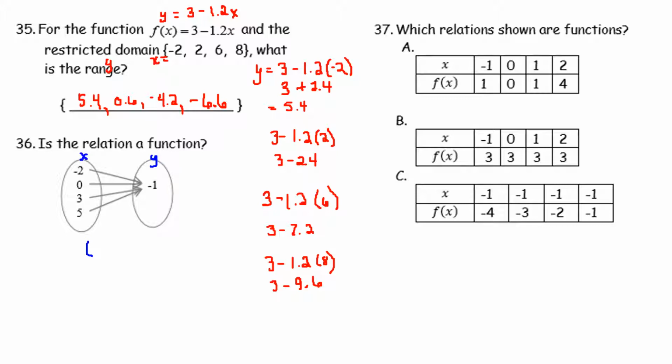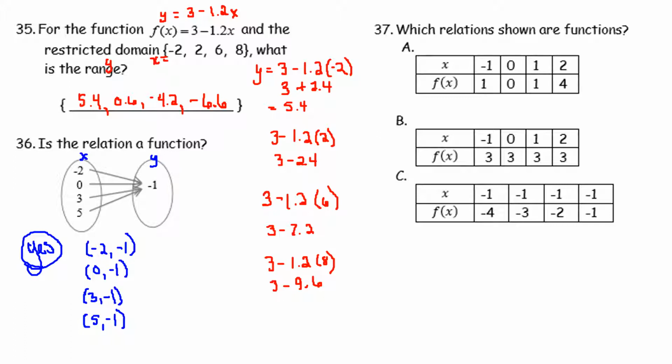So that means our ordered pairs here are -2, -1, 0, -1, 3, -1, and 5, -1. So did the x values repeat here? No, they didn't. So because they did not repeat, this is a function. Yes, the relation is a function. Now, it doesn't matter. The y's can repeat all they want. All we need to look at are the x's to see if it's a function.